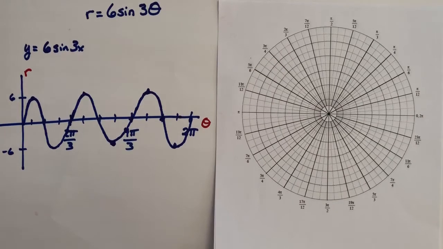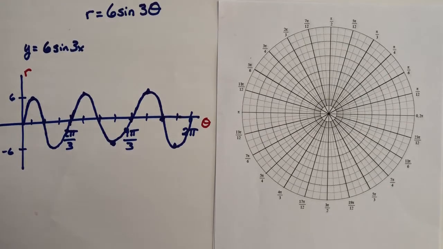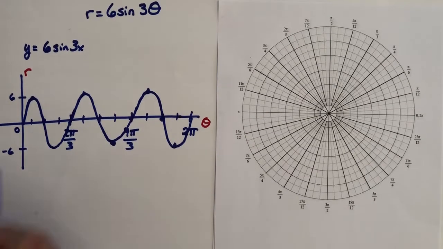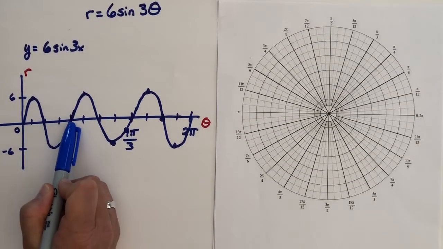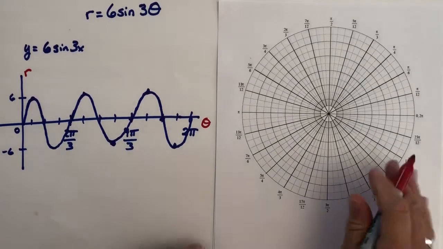Now, remember we drew in those tangent lines and they came from our x-intercepts. So let's draw those in. Let's see, here we have 0, pi over 3, 2 pi over 3, and pi. Let's put all those in.